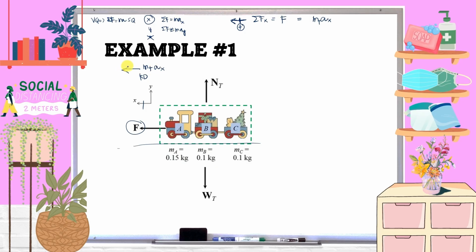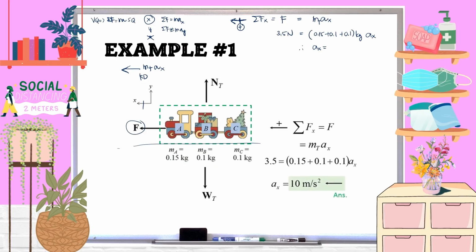Yes, we have, since the motion of the object is along the horizontal. From the given, the applied force is 3.5 Newton, and the total mass is 0.15 plus 0.1 plus 0.1 kilogram multiplied by a sub x. Therefore, we will be able to identify the value of a sub x. Upon calculating, since this is 0.35, this will be 10 meters per second squared.